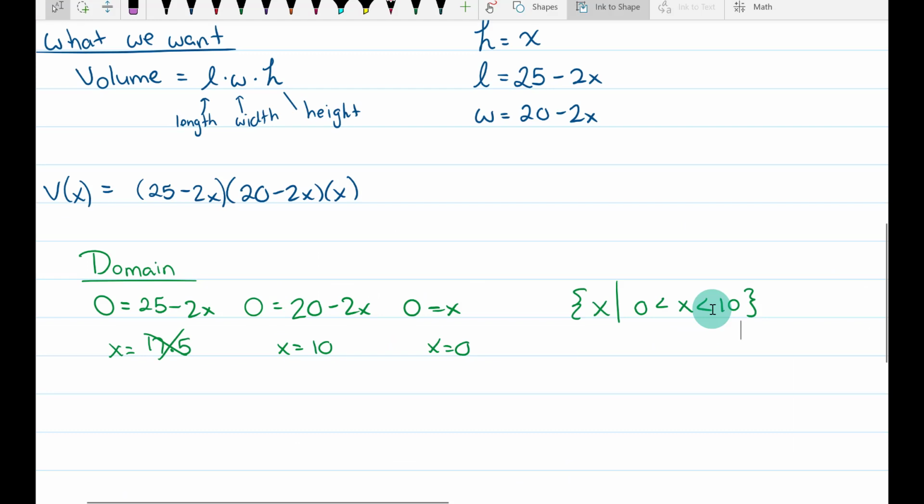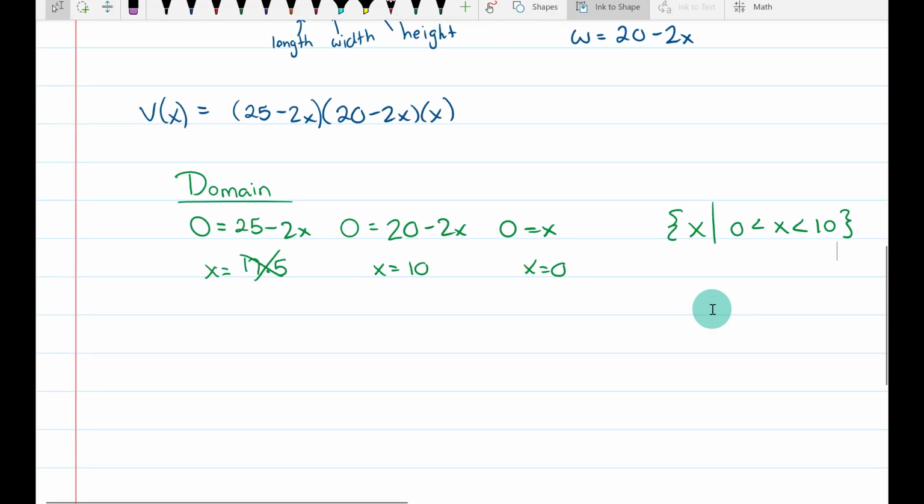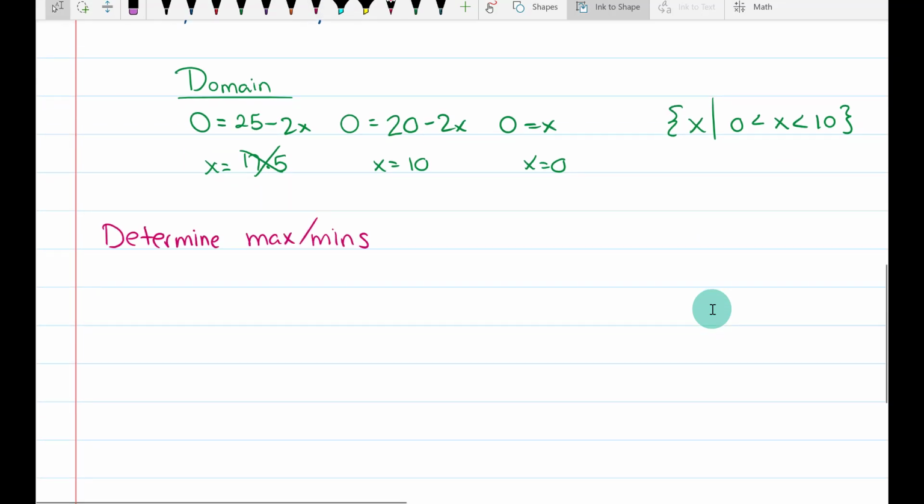So let's go back and solve it algebraically. We need to determine our maxes and our mins. To do this, we have our volume function, which is x times (25 minus 2x) times (20 minus 2x). You can take the derivative right away and just use the product rule three times, that's up to you.